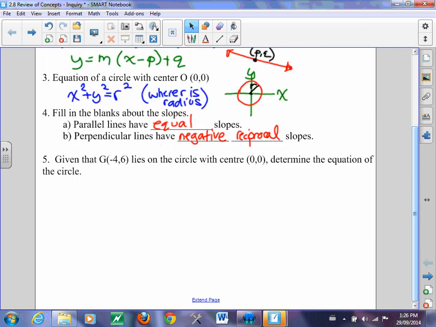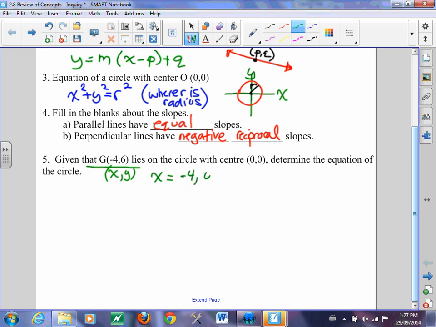All right. And number 5, given G lies on the circle with center 0, 0, determine the equation of the circle. Oh, this is kind of new. Maybe you did one of your homework questions like this. But what we have is we have an X and we have a Y, but we don't have the R. So we've got to determine the R. So just remember, X equals -4 and Y equals 6, and we're going to sub into the equation.